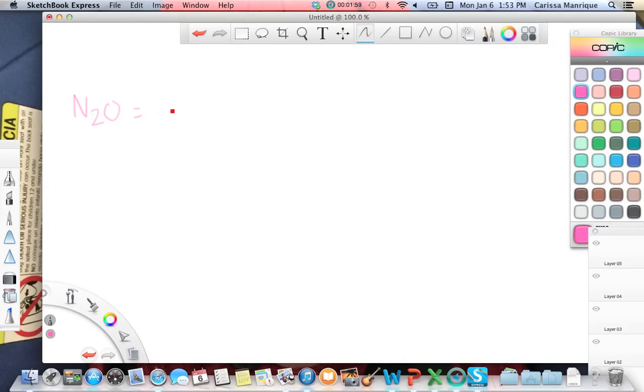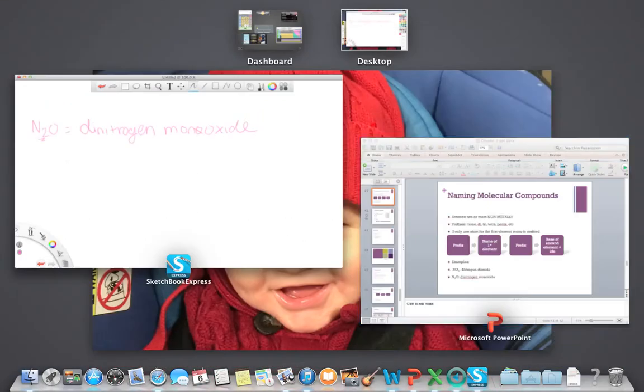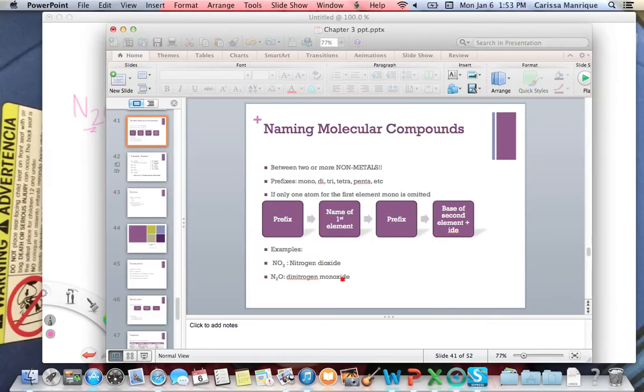We have dinitrogen, because 2 nitrogens, and then mono oxide. Monoxide, and this should be 1 O, not 2. So dinitrogen monoxide.